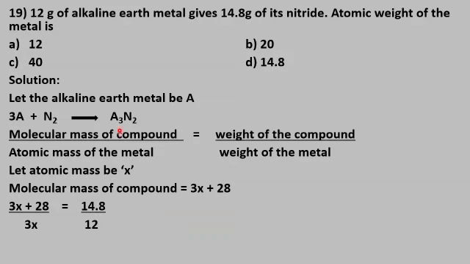Substitute these values in this equation. So molecular mass of the compound is 3x plus 28 divided by 3x. Weight of the compound is 14.8 and weight of the metal is 12. Substitute all the values and simplify this equation. After simplifying, you will get the value for x, that is equal to 40. So therefore here the correct option is option C, 40.